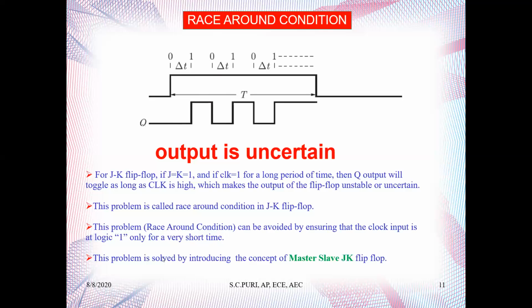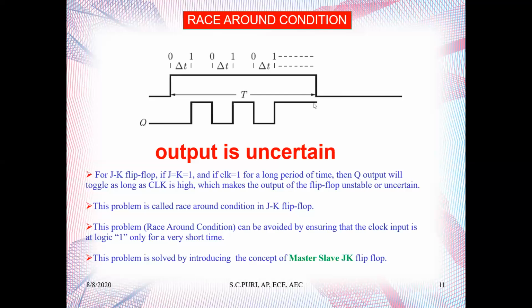This problem is solved by introducing the concept of the master slave JK flip-flop. In a JK flip-flop, for one condition there will be toggling, and the excitation happens for each clock. But if the clock has a duration T much greater than TP, the propagation delay of the flip-flop, the toggling will go on and on, and when the clock ends we don't know what the state will be.